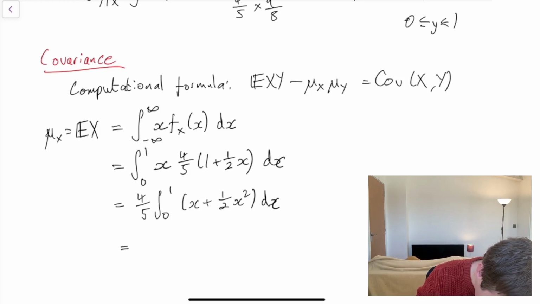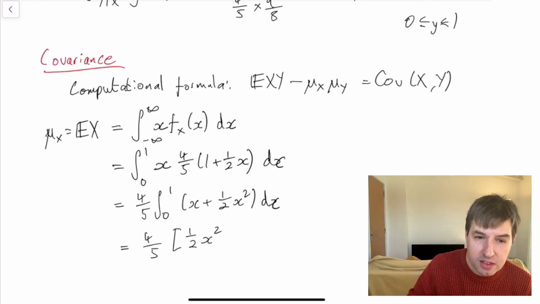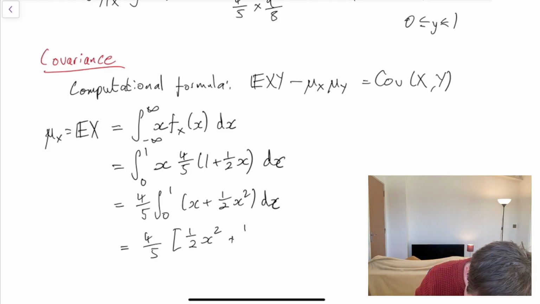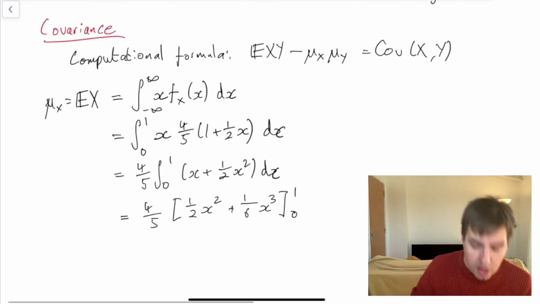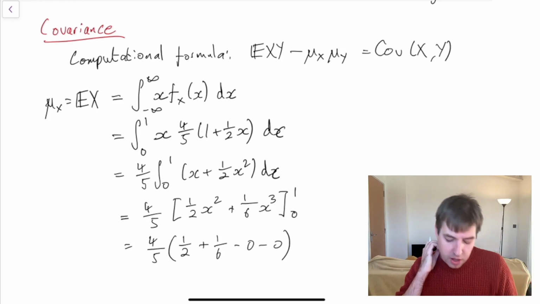So doing the integral, the x becomes a half x squared. The half x squared becomes 1/6 x cubed, because we have to divide through by 3. So 1/6 x cubed, evaluated between x equals 0 and 1. And so if we do that evaluation, we get a half plus a sixth minus 0 minus 0.